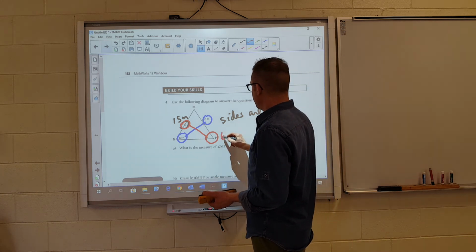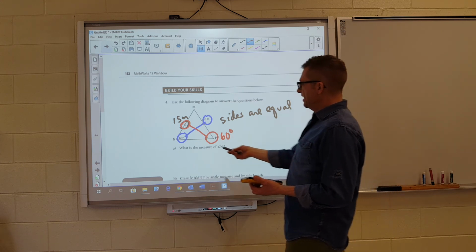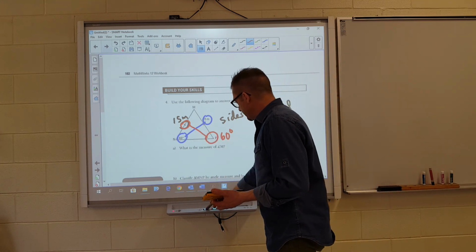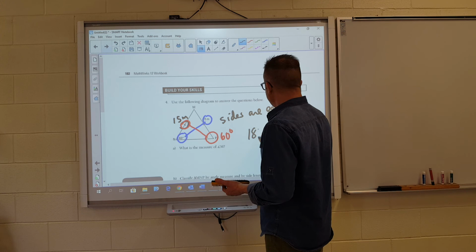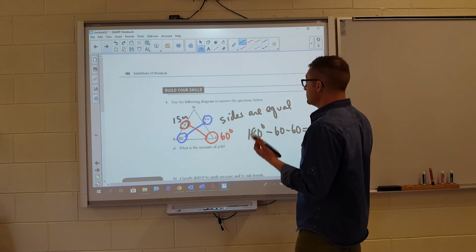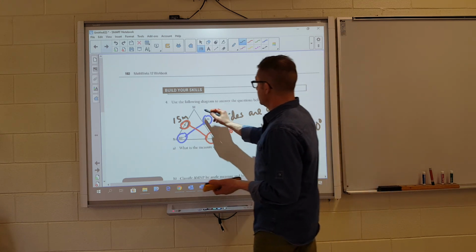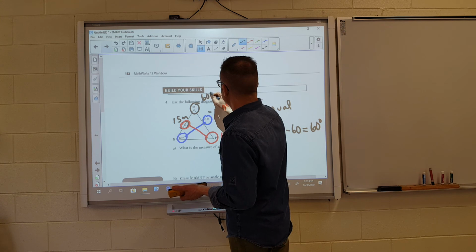So this is automatically 60 degrees. And if that's 60, and that angle is 60, well, you remember the rule, right? 180 degrees minus 60 equals the remaining angle is 60 degrees, which is there, 60 degrees.